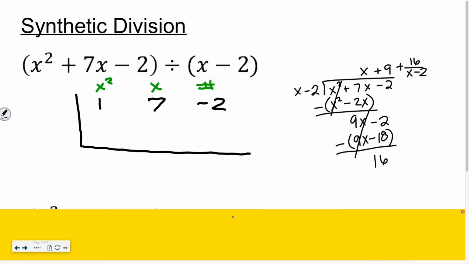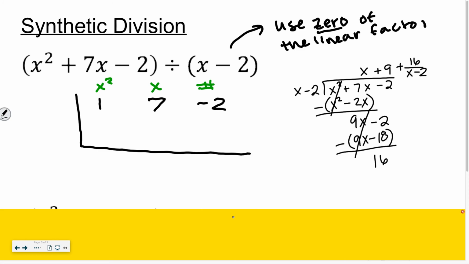Now, on the outside of synthetic, you're going to use the 0 of the linear factor. So if your linear factor that you're dividing by is x minus 2, its 0 is what x value makes it equal to 0.